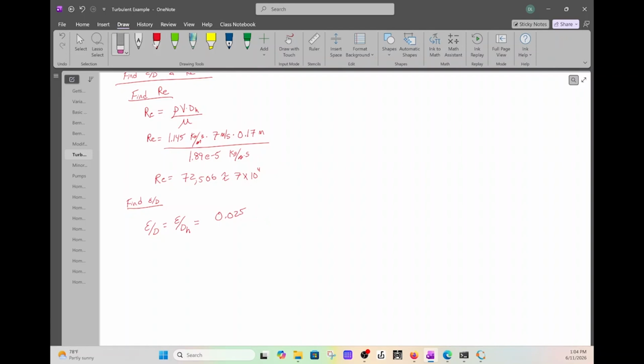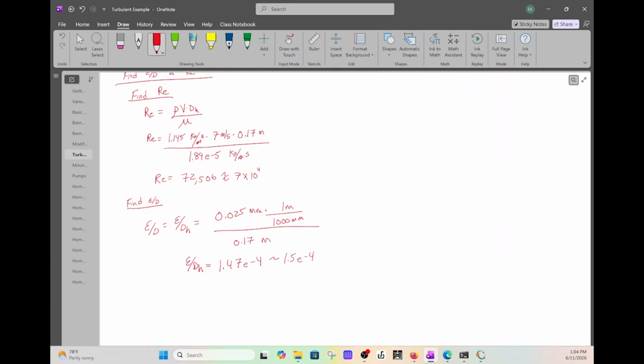So let me just do that correctly for you. There's 1 meter in 1,000 millimeters, divided by 0.17 meters. So epsilon over DH equals 1.47 e to the minus 4, or 1.5 e to the minus 4 is fine.